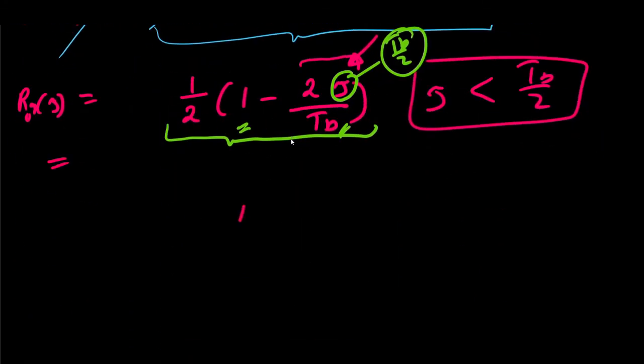Therefore we can express RG of tau as 1 by 2 times 1 minus 2 tau by TB.